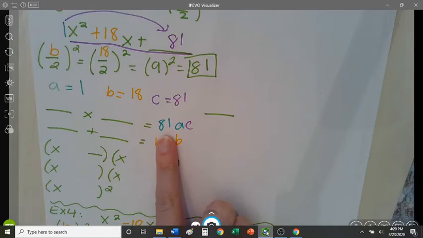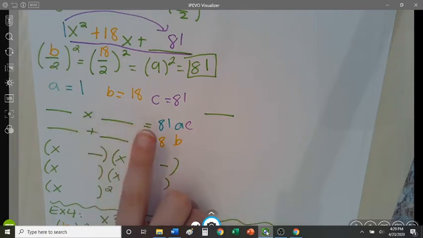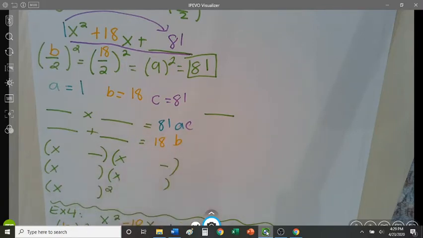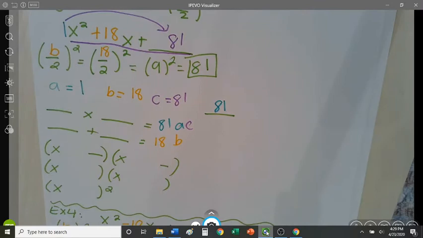A positive times a positive or a negative times a negative will give us a positive. And since I'm adding to be positive 18, that means I need two positives that will multiply to be 81 and add to be 18.